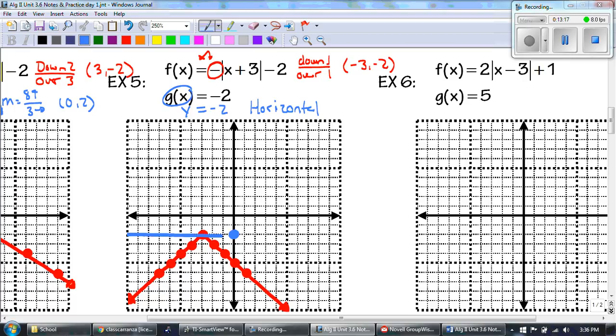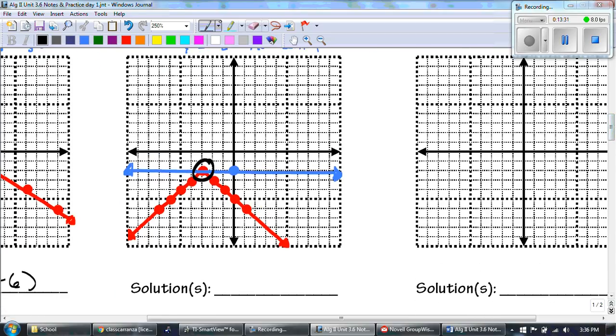And as I graph this, I can see directly where my absolute value and my linear equation meet up. That is at the point negative 3, negative 2.